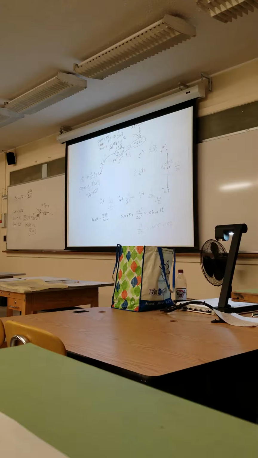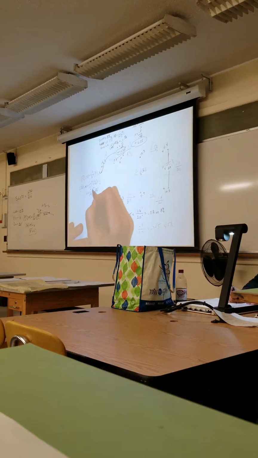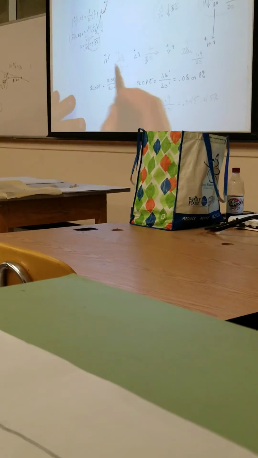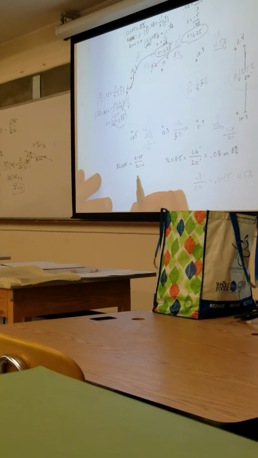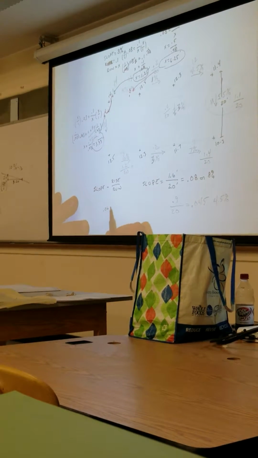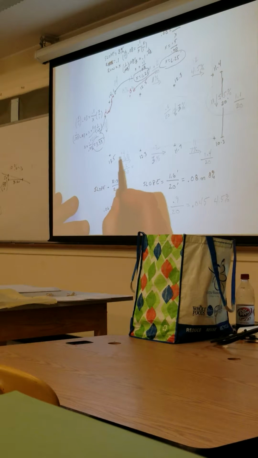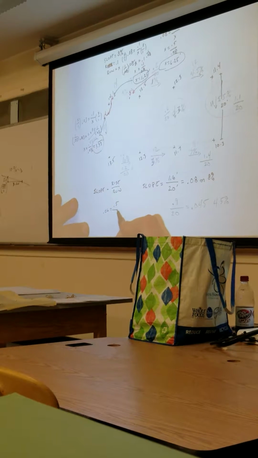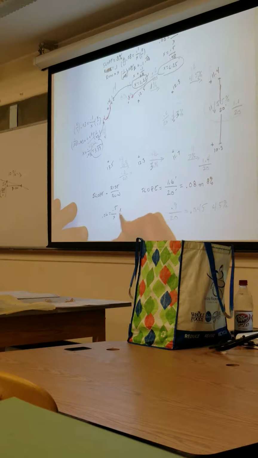Okay? So let's do 13. We know 13 is down here somewhere. So let's get 13. The slope is 6%, so 0.06 is equal to rise, 13.5 minus 13 is 0.5, divided by x. Times both sides by x, 0.06x is equal to 0.5.